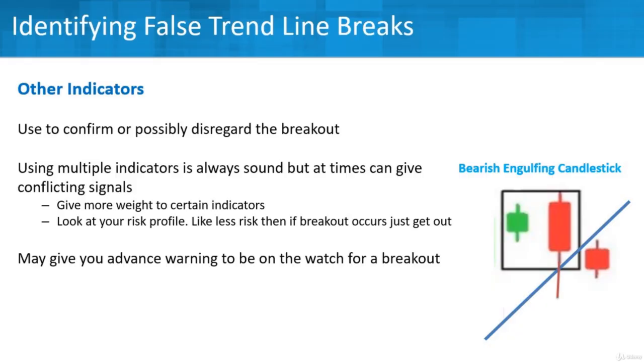So that's a little bit about identifying trend lines or identifying false breakouts. Not easy. It is the number one challenge out there. But if you can start using some of these ideas, you can decide, based on your own risk profile and what you want to do and how you might manage your trades, how that is going to affect your decision making. Again, if the trend line rule is broken, you can always use that established rule.